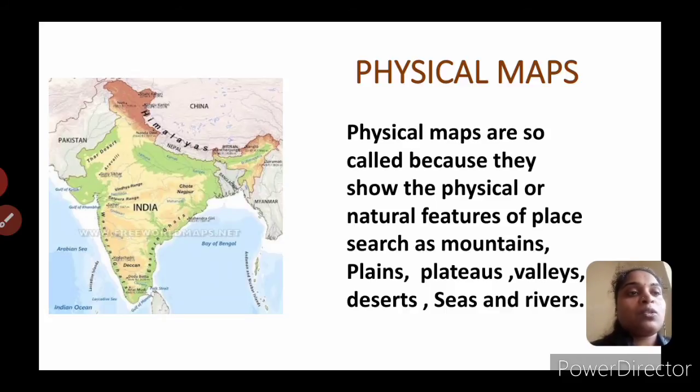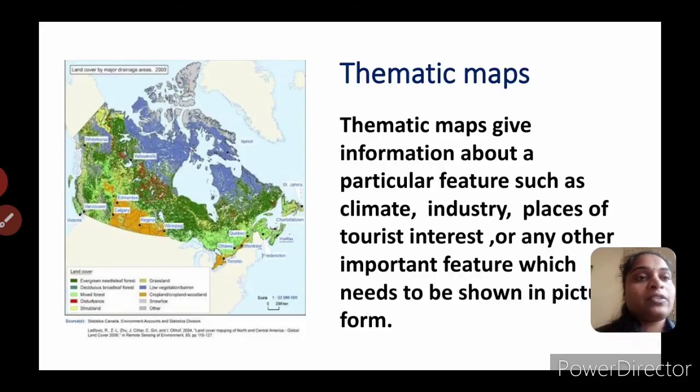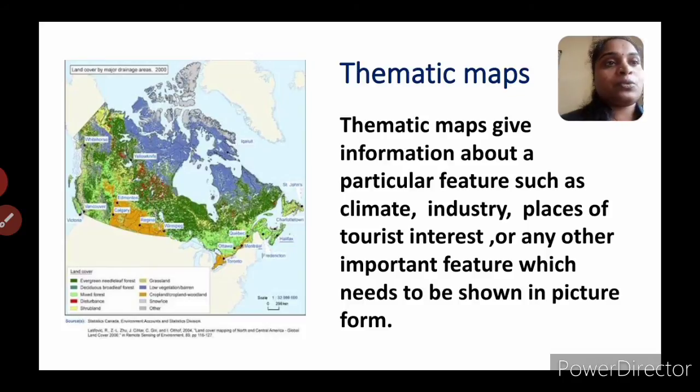Now, one more map remains for us to understand. The thematic map. Now we are going to understand what exactly we learn in the thematic map. Thematic maps give information about particular features such as climate. Even on a mobile you can find these kinds of maps.